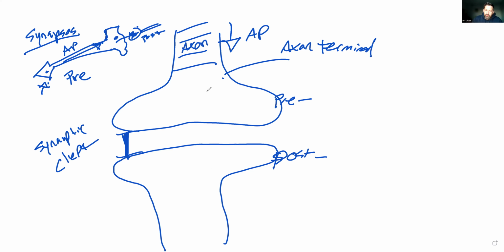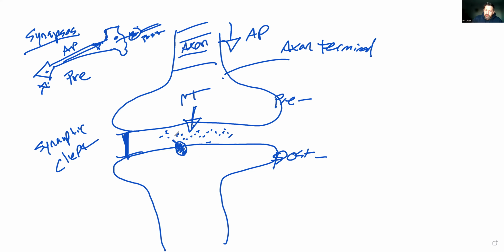We'll talk about how when we transmit a signal, we release a neurotransmitter into the cleft. There will be some sort of receptor on the postsynaptic neuron, which will have some sort of channel.